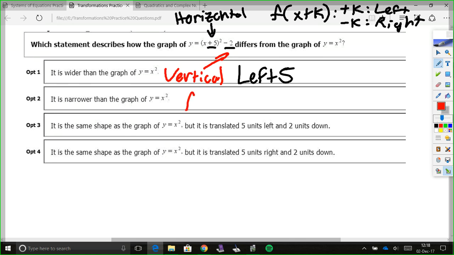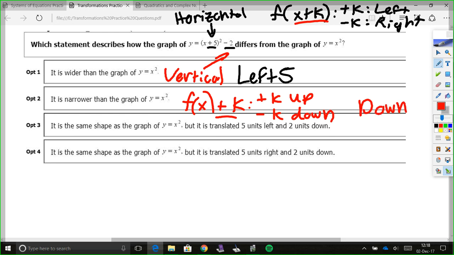Previously, earlier in the video, I wrote this as f of x plus k. The difference is, up at top, it's inside the parentheses. Here it's not. That's exactly what's going on with this minus 2. It's not in parentheses. And I mentioned that if it was plus k, it'd be moving up. If it was minus k, it'd be moving down. So we have a minus 2. So that's telling me it's moving down 2.